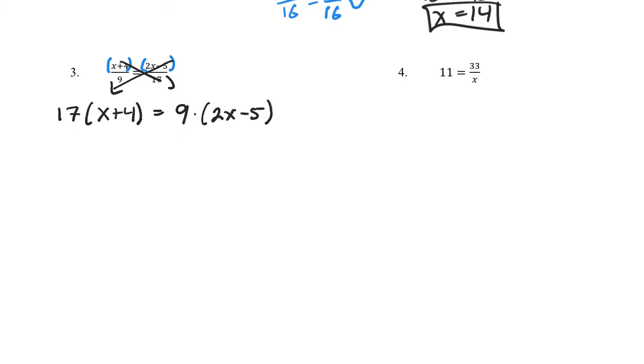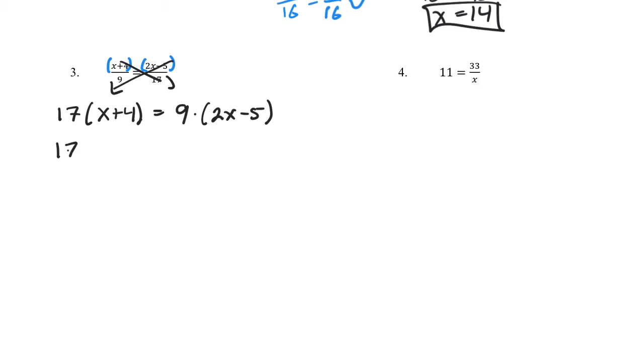Now, one thing I'll point out here is some of you guys might write the quantity x plus 4 times 17 instead of the reverse, and that's fine. What we want to remember is multiplication is commutative, so it doesn't matter which one of these we write first. I find it always easier to write the constant term in front instead of anything with a variable, and that's more standard as well. Okay, so let's go ahead and distribute.